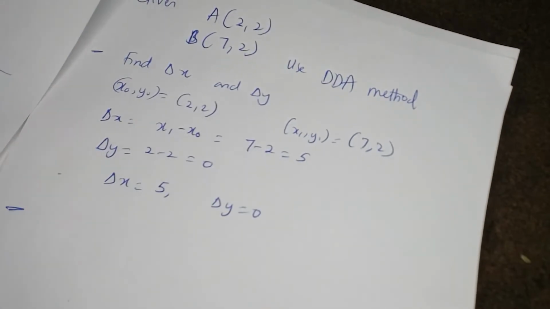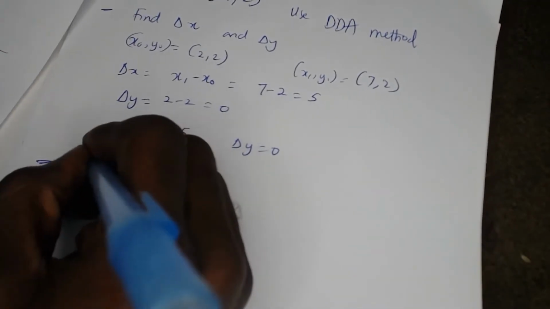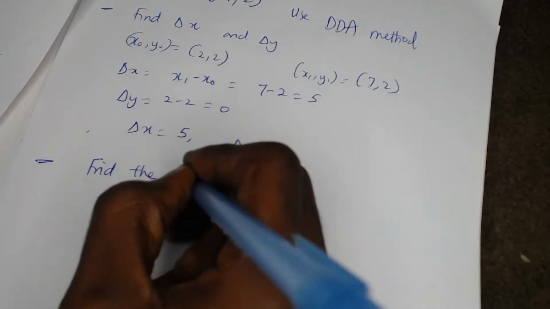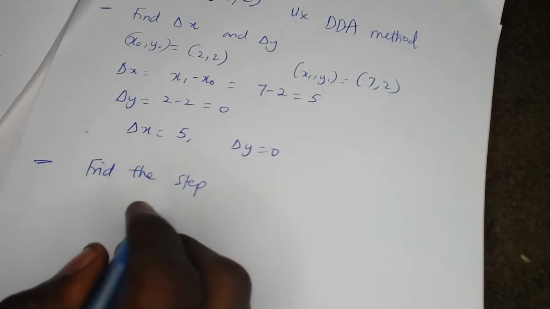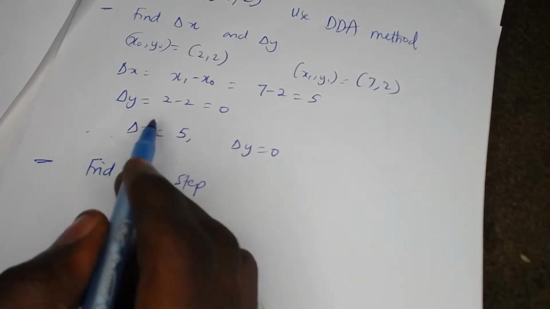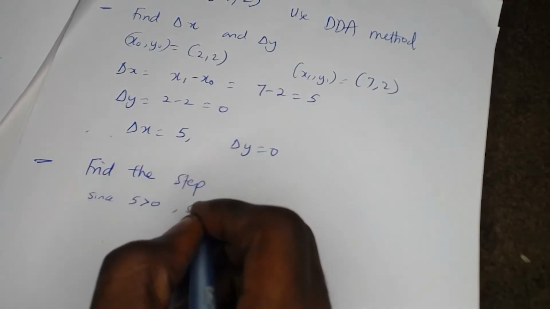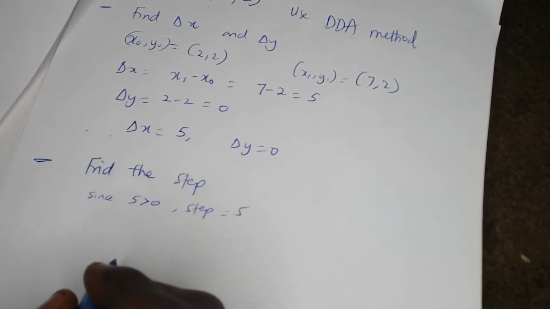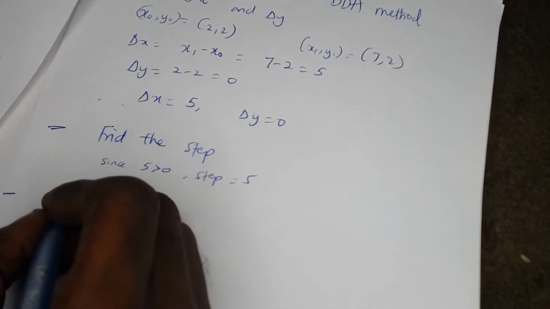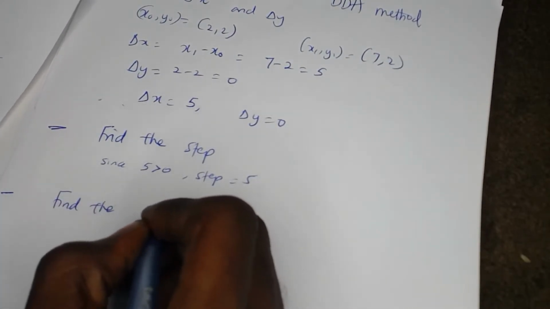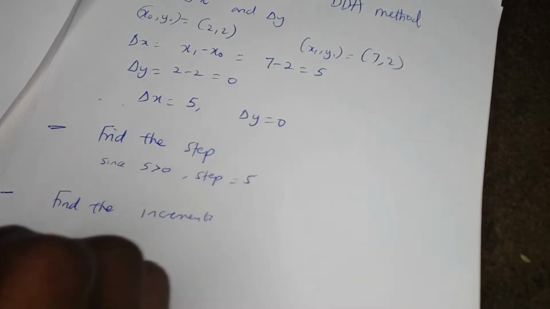The second step we should do is to find the step. Obviously, when we look at this, since 5 is greater than 0, the step is equal to 5. The next step is to find the increment.